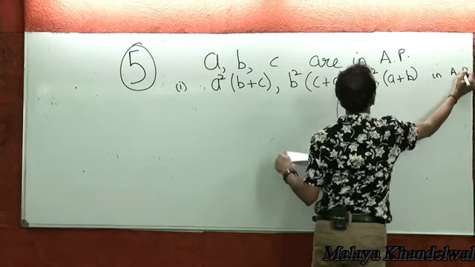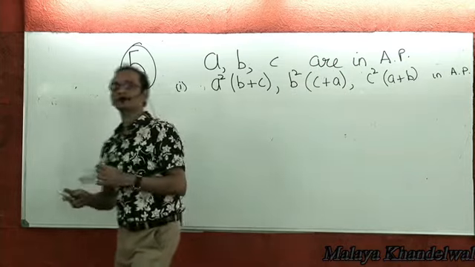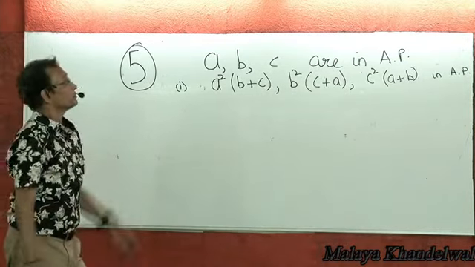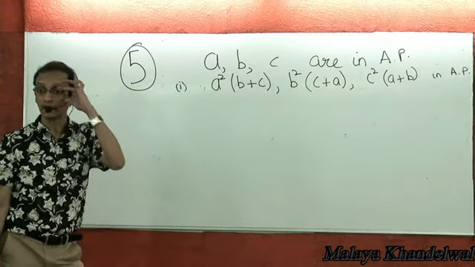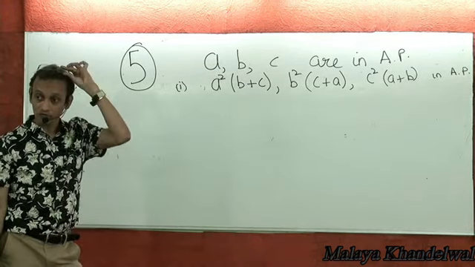This is what we want to show. Given that A, B, C are in AP, A squared (B plus C), B squared into (C plus A), and C squared into (A plus B) would be in AP, right? This is what we want to establish.